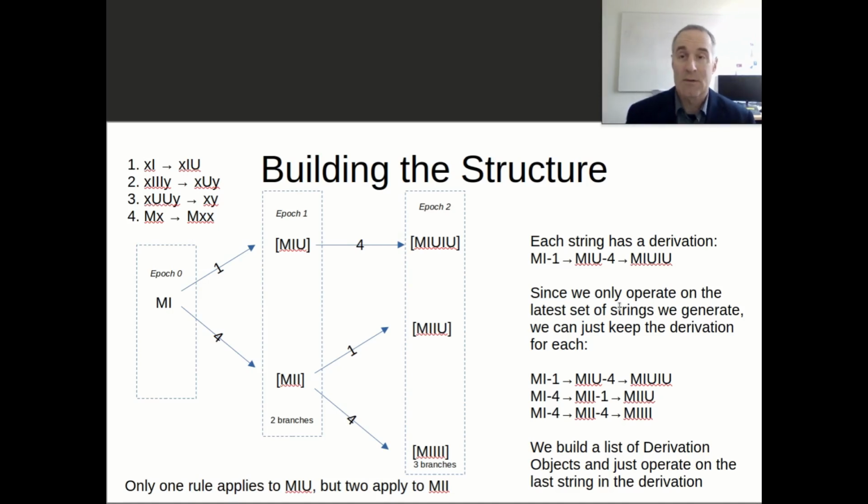So borrowing from machine learning terminology, an epoch is a kind of time period. In a given time period, we're looking at all of the rules that apply to all of our current strings. And we're just looking again at the last step in a derivation of any given string to see what can we do next.